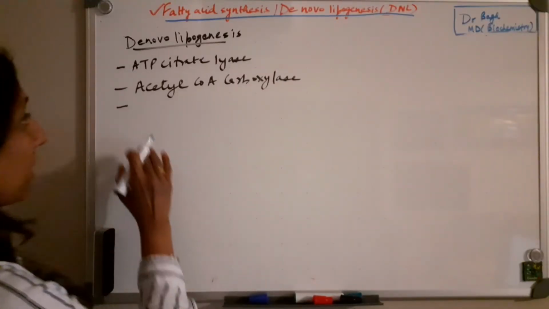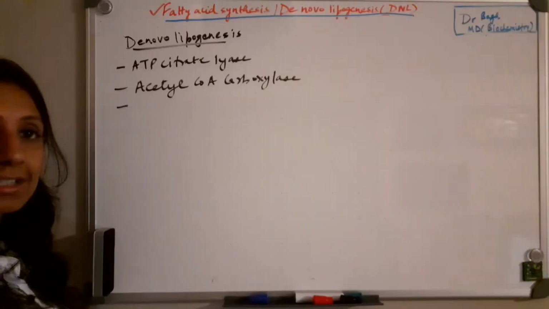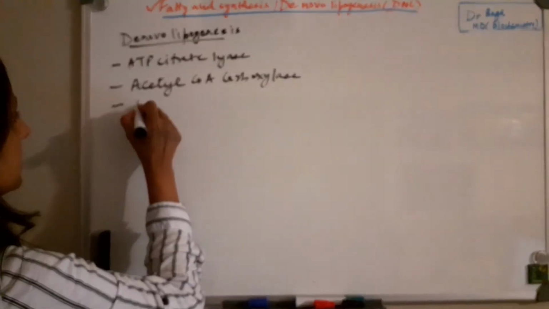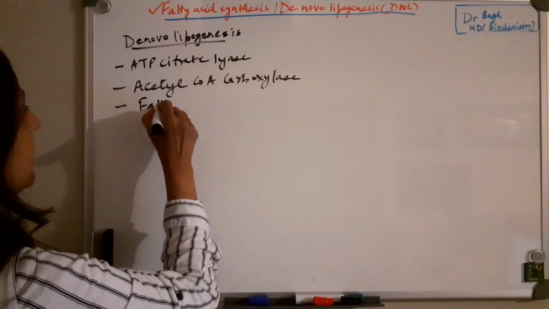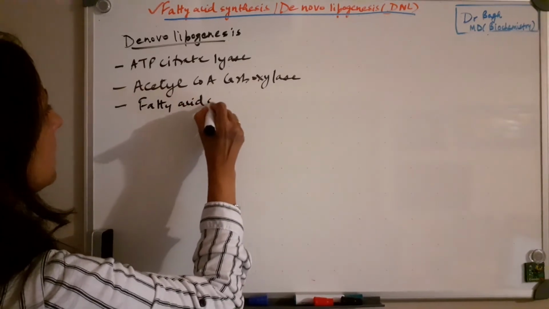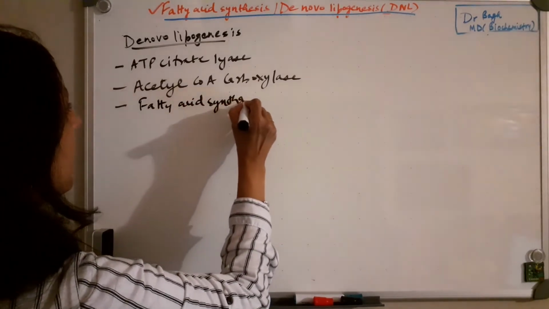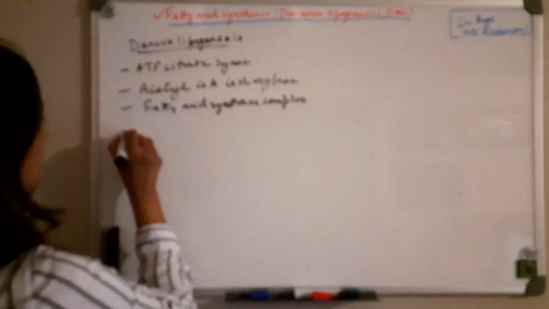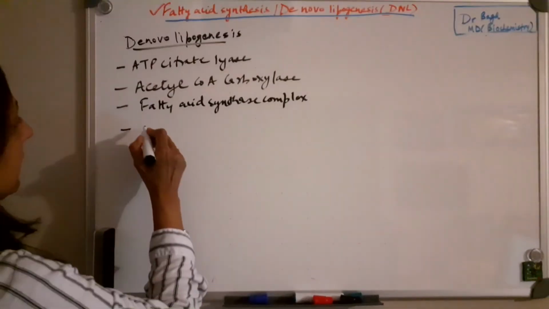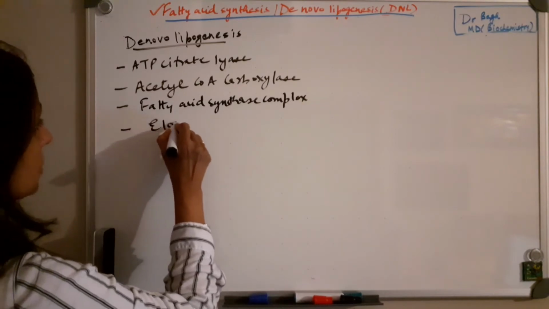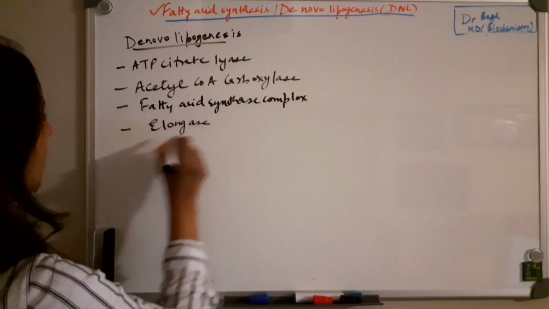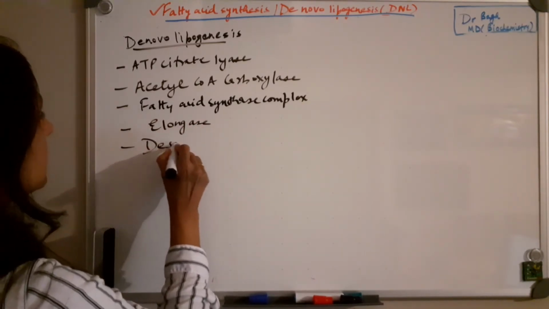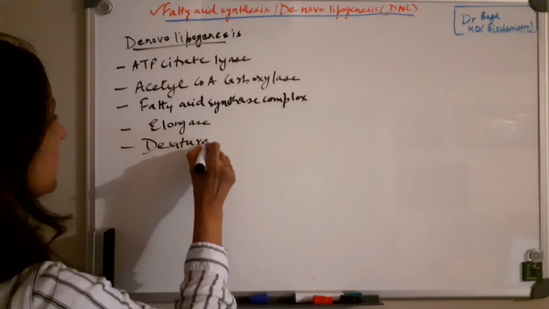The first one which I am introducing with lipogenesis is acetyl-CoA carboxylase. Then comes the fatty acid synthase complex. As I told you, it's not a single enzyme, it's a complex of 7 enzymes. And then you need to elongate, so comes the elongase. And the last one is desaturase.